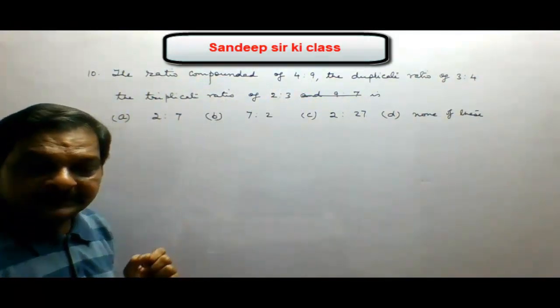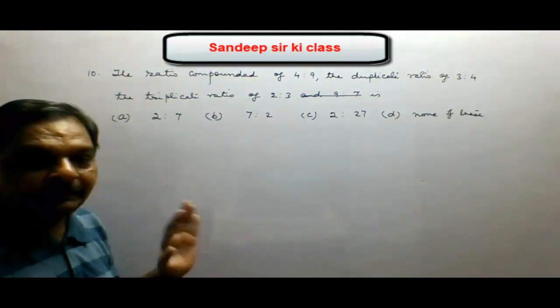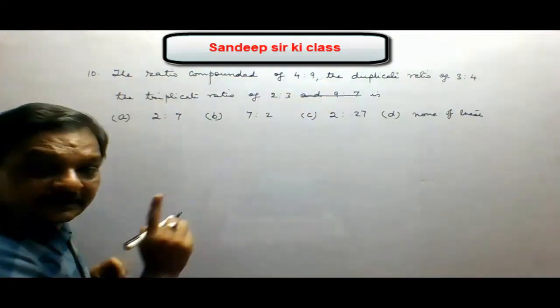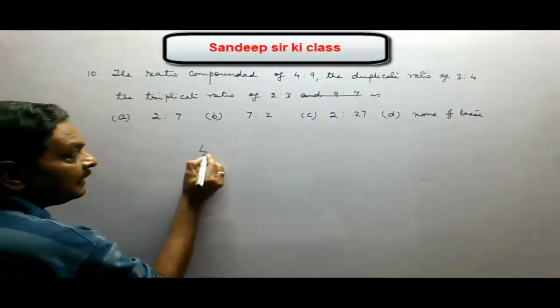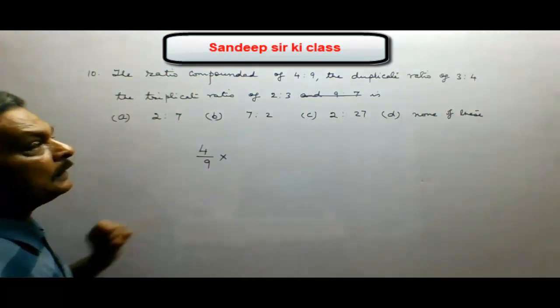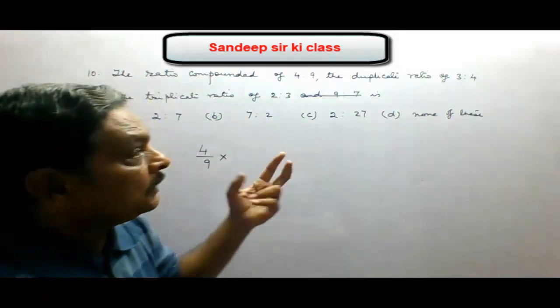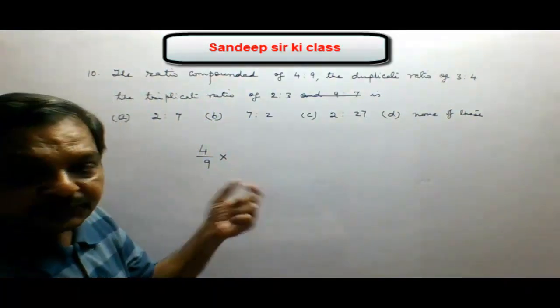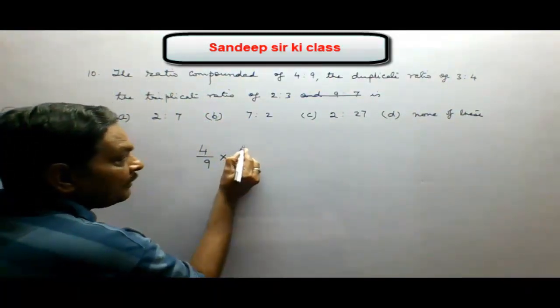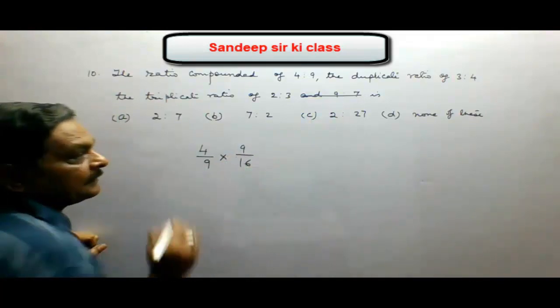We know that the compound ratio means that the given ratios are multiplied. 4:9 is the first ratio, so I am writing 4/9 multiplied by the duplicate ratio of 3:4. Duplicate ratio of 3:4 is 3 square, which is 9, 4 square, which is 16.